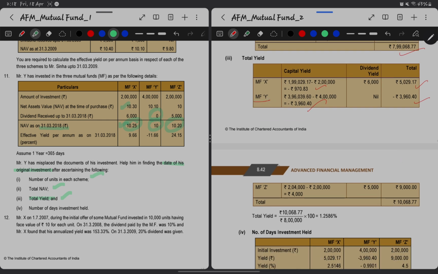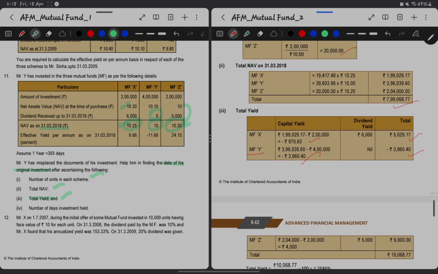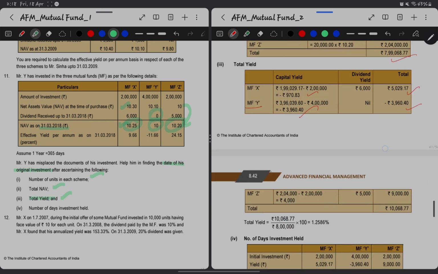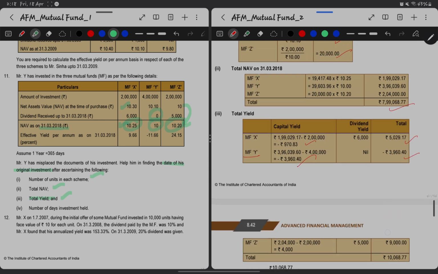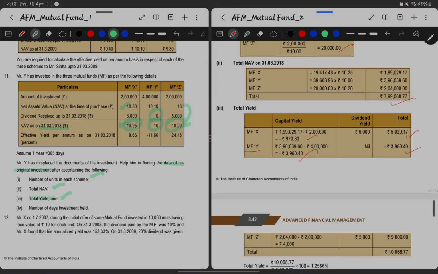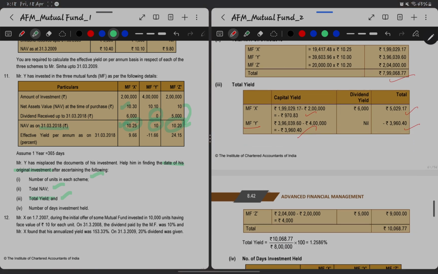And in case of MFZ, there is a capital appreciation from 10 to 10.2. So 20 paisa multiplied by the number of units is one way of doing it. Or the NAV as on 31st March minus the amount of investment will also give the same result. So 4,000 in the second case plus 5,000, there is a dividend yield also. Hence the total yield will be 9,000 in the case of mutual fund Z.